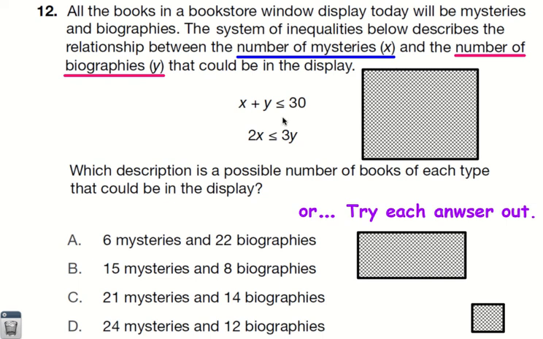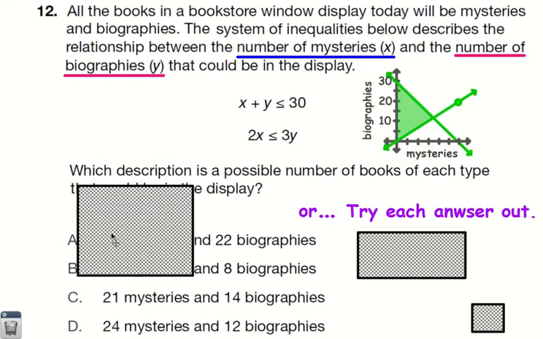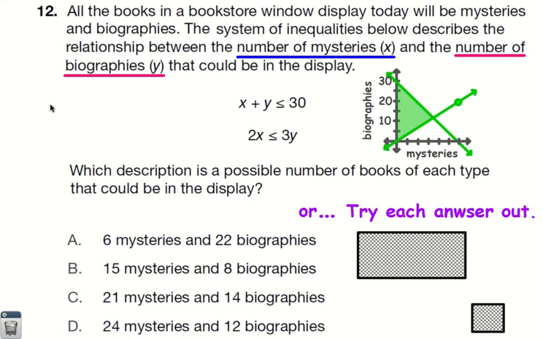Or what you also could do is draw a quick little graph. Graph this system. Okay? And so when I graph both of these, this would be what? If you solve this for y, you'd have y is less than or equal to negative x plus 30. That's this guy.